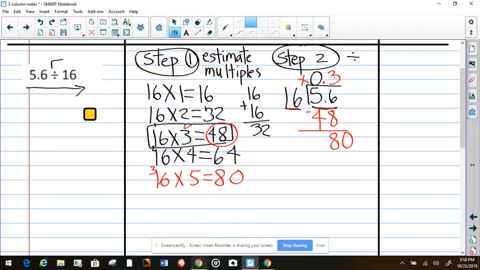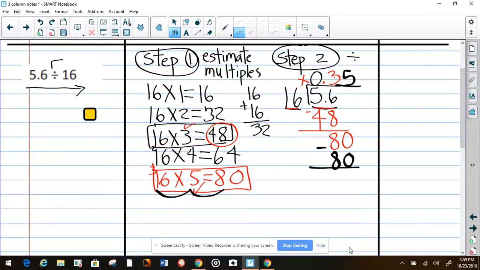Oh, look at that. So 5 is the answer, so 16 goes into 80 5 times. 5 times 16 is 80. We place that below the other 80, and the remainder should be 0.